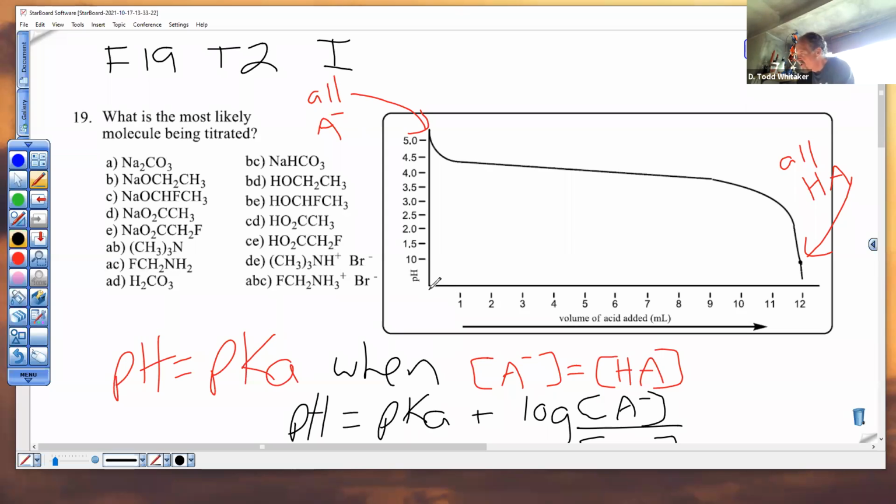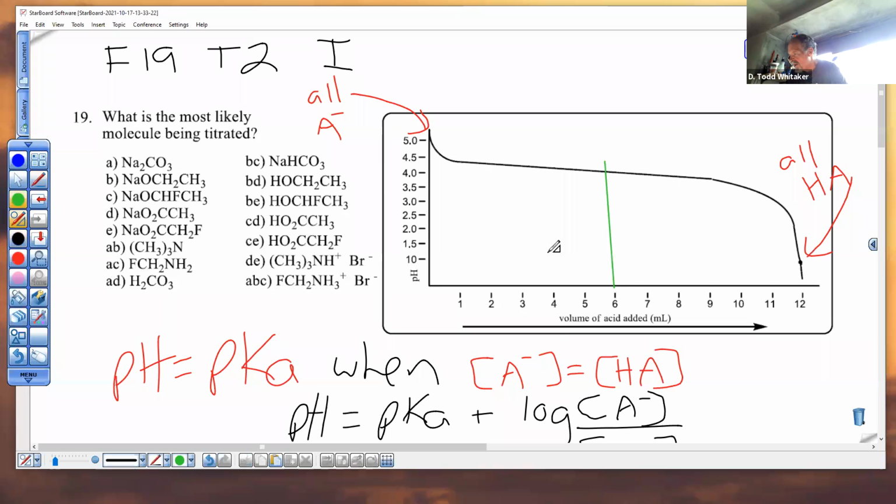So the titration took 12 milliliters of whatever acid was being added to get to completion. Halfway is the only part you are concerned about. Halfway is at 6. You have to read it up to the graph.